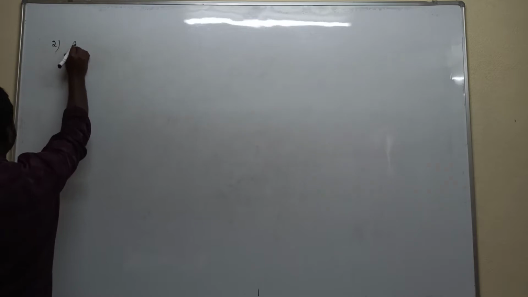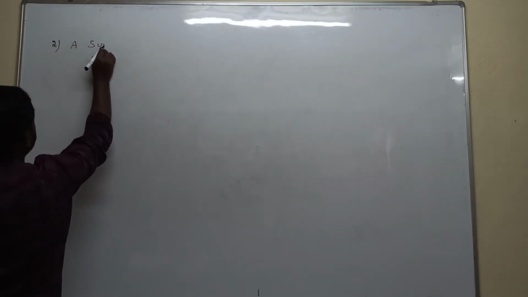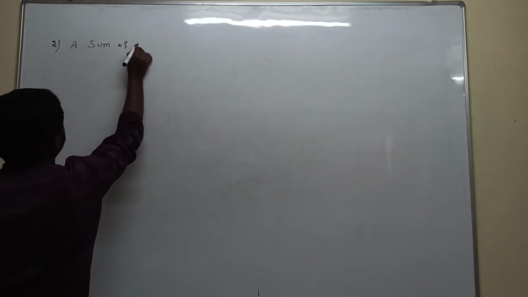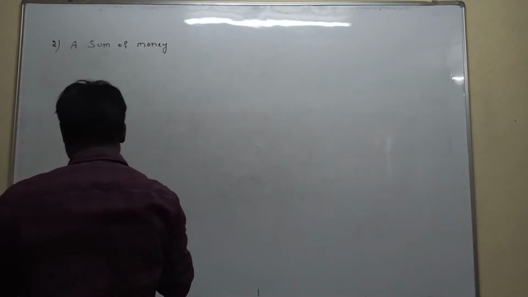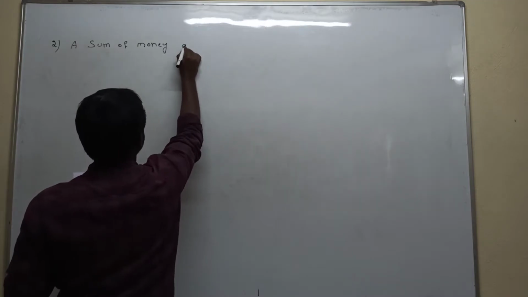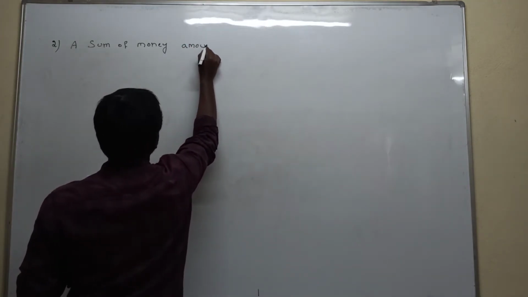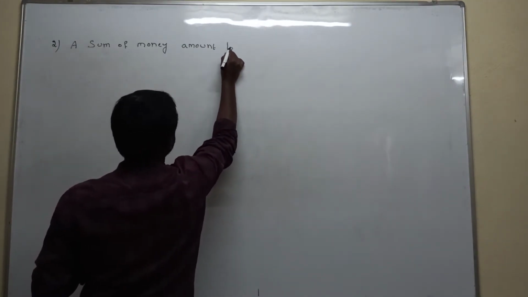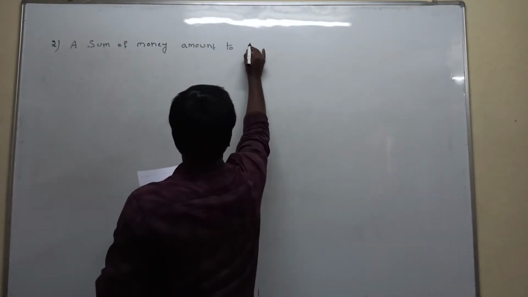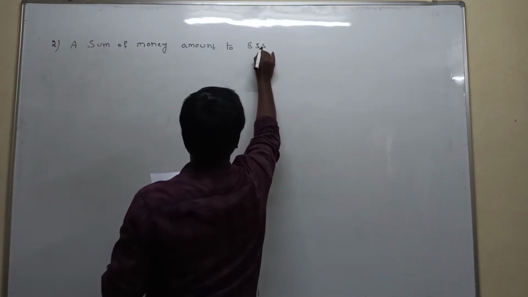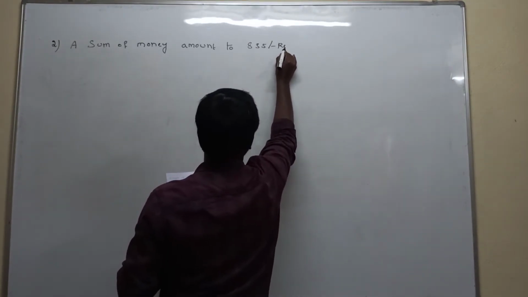A sum of money amounts to total amount, denoted by capital A, given as 855 rupees.